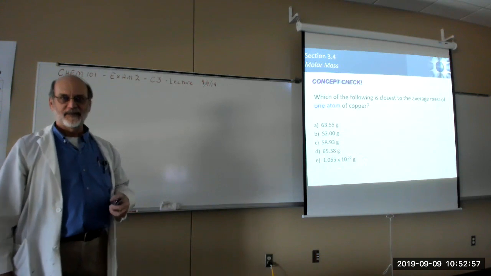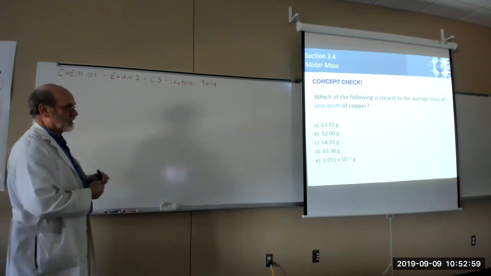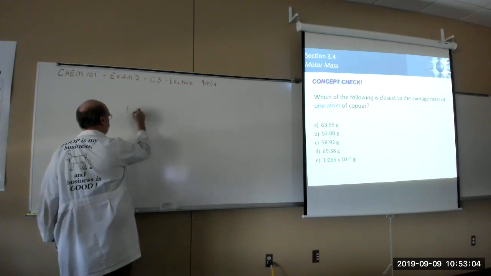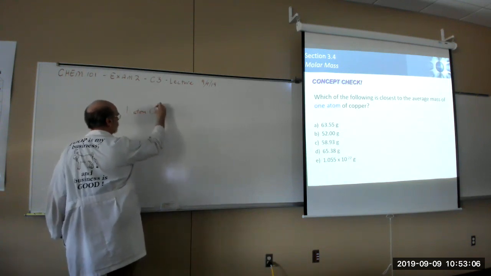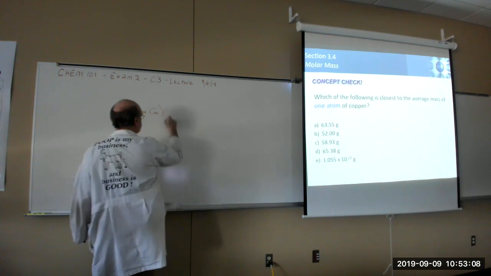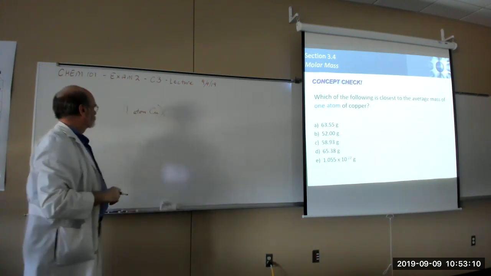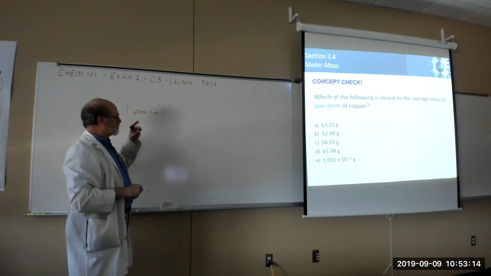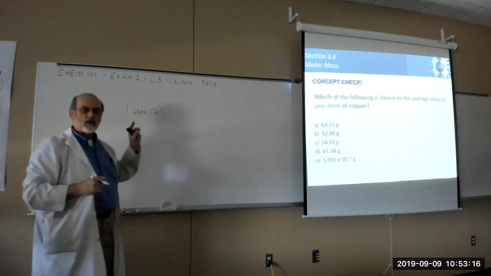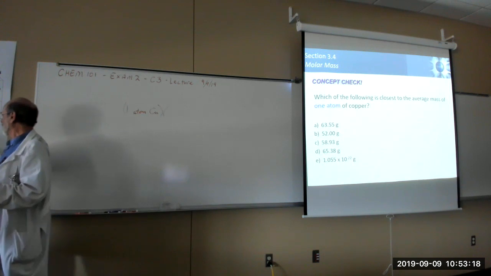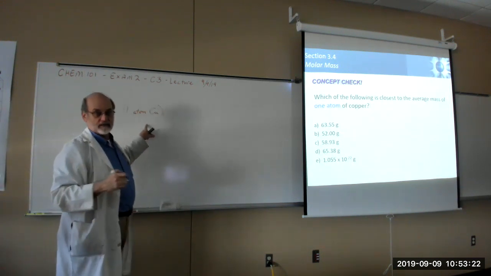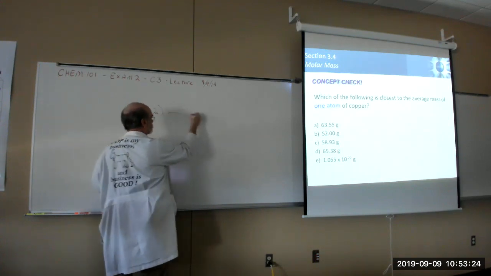So by process of elimination, that's got to be it. But we can actually calculate what 1 atom weighs. So if you're starting with 1 atom of copper, then you want to find out, if we're going to convert that to grams, we need something in terms of moles and grams, right? But we don't have moles yet, so we've got to figure out moles.